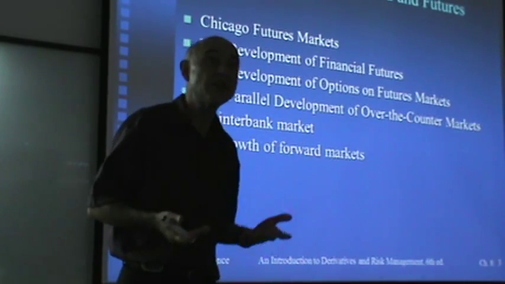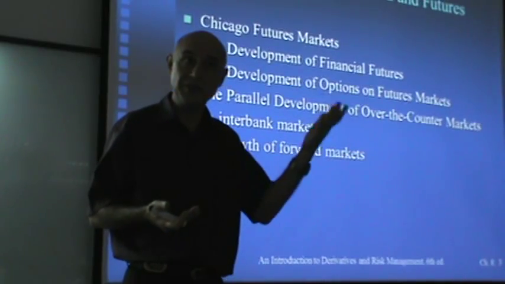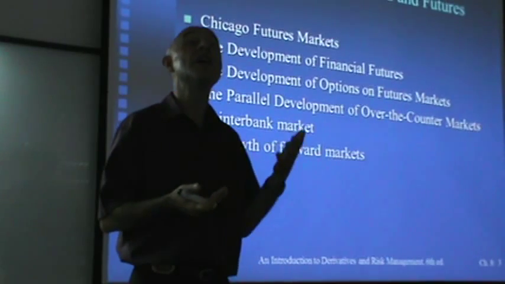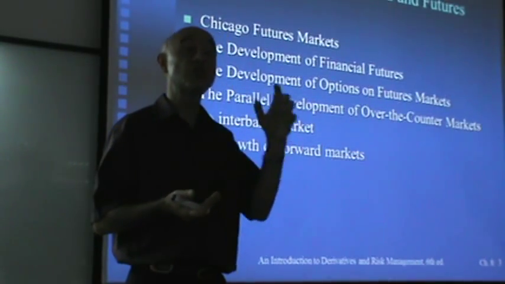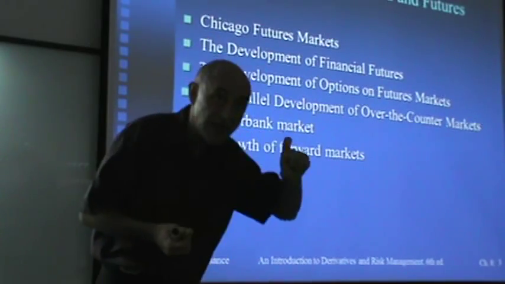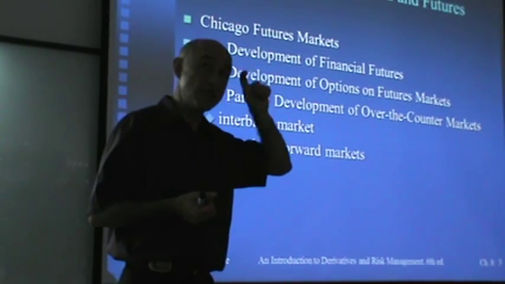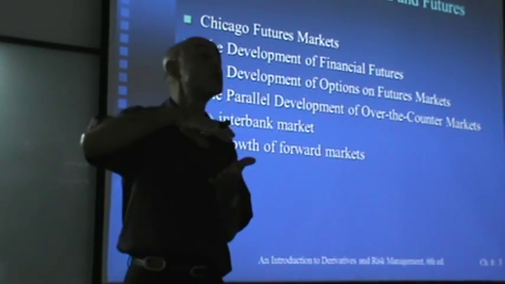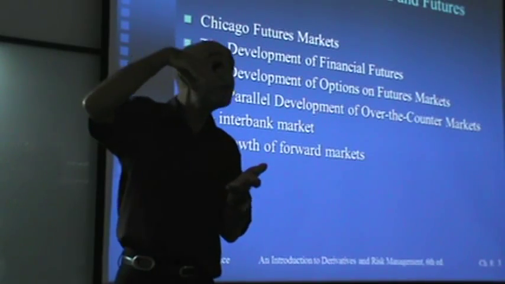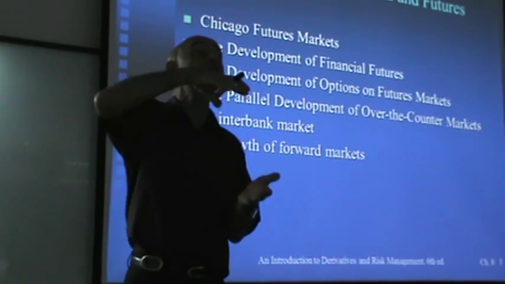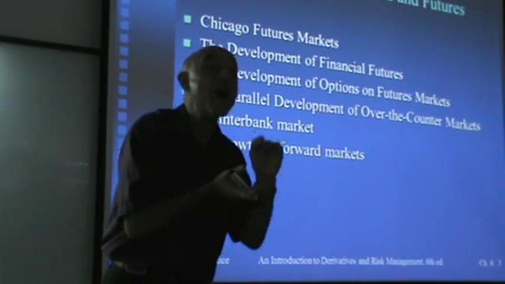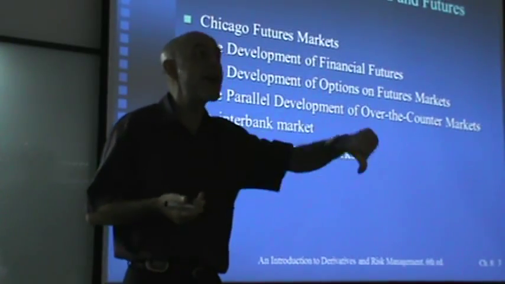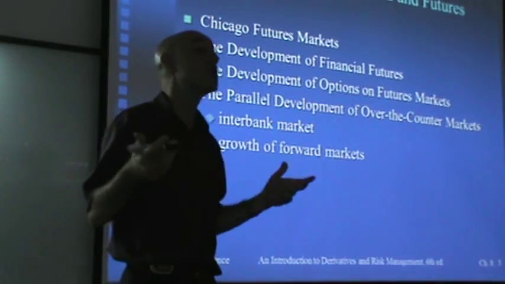The result of rising prices and rising inflation and rising inflationary expectations meant rising interest rates. In other words, interest rates have two components: the real interest rate, which is very small, and an inflationary component. And as the inflationary component rose from 4% to 6% to 8% to 10%, so interest rates would rise. And the rise in interest rates meant that a lot of bonds would be crashing in value, especially the long-term bonds.